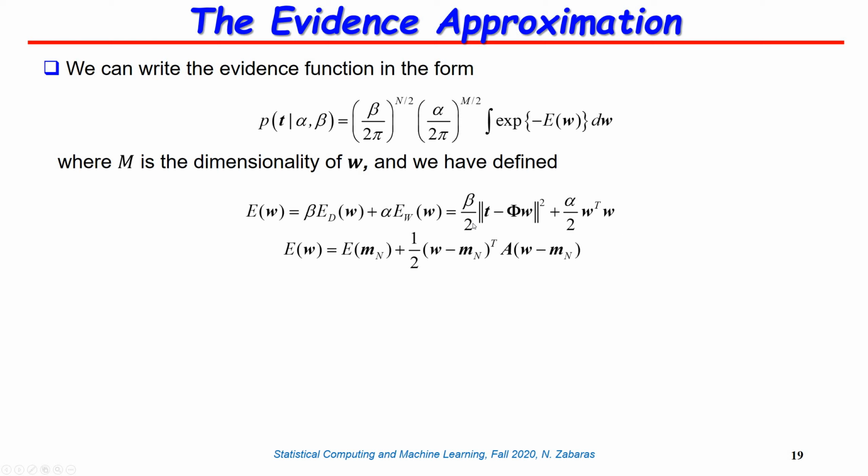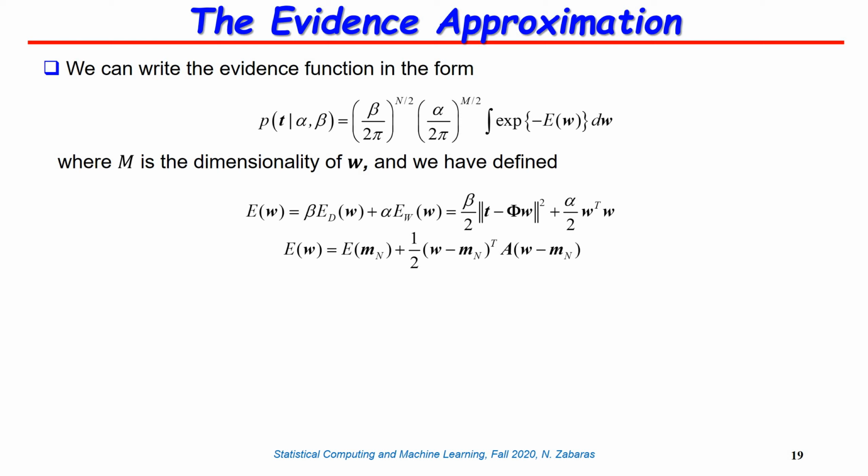Now this function that you see here is quadratic in W, right? This is a quadratic term, this is a quadratic term. So effectively, if you use a Taylor series expansion, it will terminate at the quadratic terms.